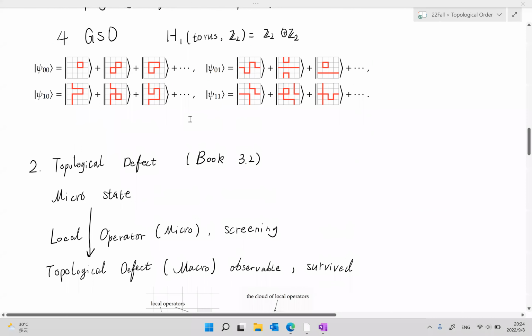The strings are not observable. The ground state degeneracy is observable. We can see that. But that is not what we mean by topological defect. Observable just means what you can really see in the long-wavelength limit, something that the local operator cannot annihilate.